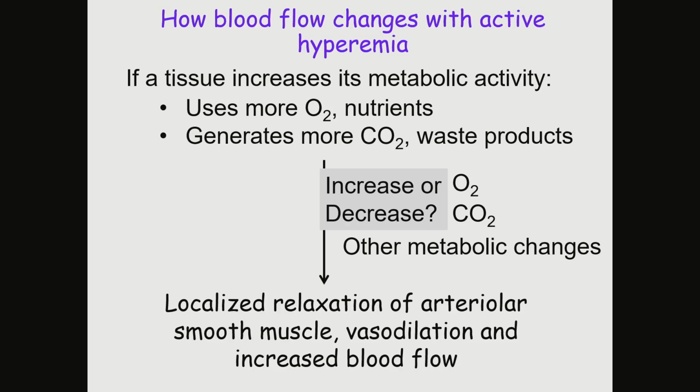I'm going to have a decrease in oxygen, and an increase in CO2, and that decrease in O2 and increase in CO2 causes relaxation of our arteriolar smooth muscle. Hence, I get vasodilation, increased blood flow. And I think all of this makes sense because I'm using up my oxygen, I want to bring more blood in, hence that decrease in oxygen contributes to vasodilation and increase in flow.